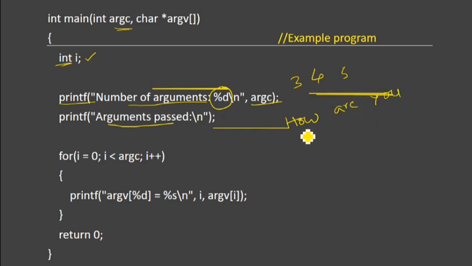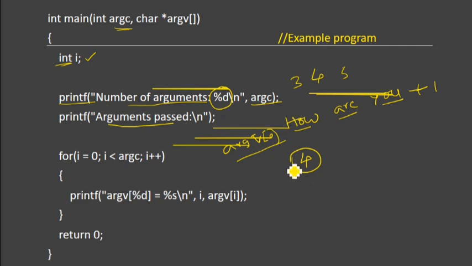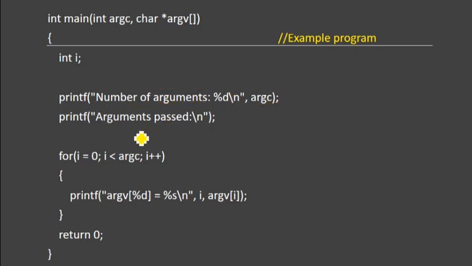How many arguments are there? 1, 2, 3, and plus 1 is the program name. By default, argv[0] contains the program name. So the total number of arguments passed from the command line prompt to the main program is 4. 1, 2, 3, and by default the first argument is the program name. This printf statement is shown on the screen while you are executing the program.